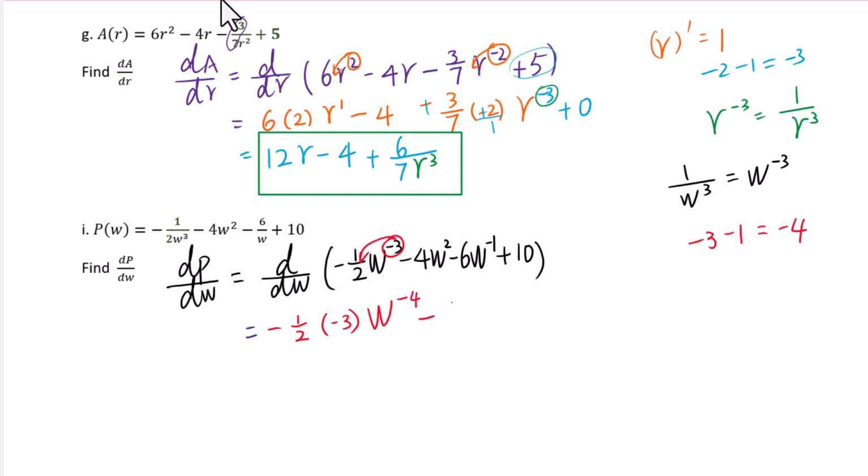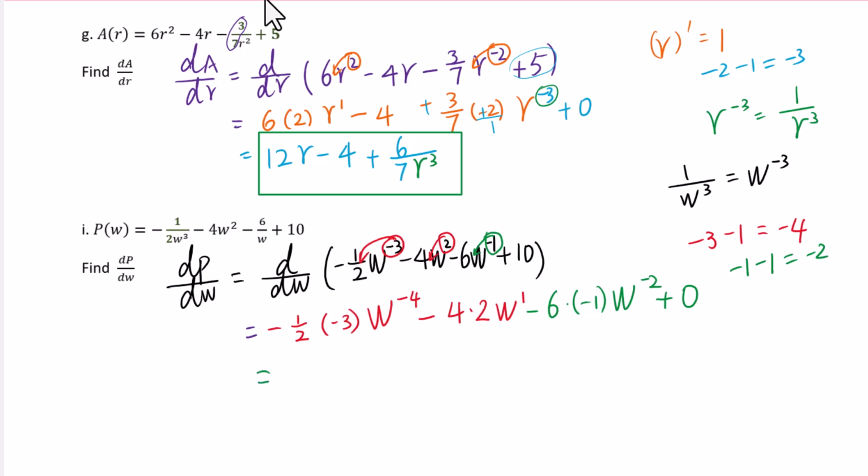Then minus 4 times, drop down, times 2 w to the first power, minus 6 times, drop down this negative 1, w to the power of negative 1 minus 1 equals negative 2, plus constant number prime equals 0.